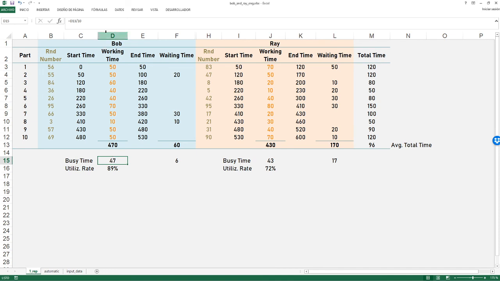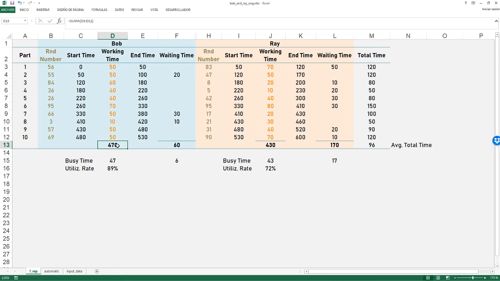We can calculate the busy time on average, the same here, which is just dividing this by 10, and we can calculate the utilization rate. We divide the total time spent, which is 407 seconds, by the waiting time plus the working time.